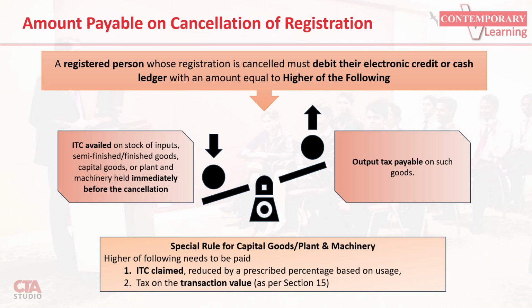The longer you've used them, the less you need to pay back. 2. Tax on the transaction value as per Section 15. This is the current market value approach. This special treatment for capital goods acknowledges their long-term nature and prevents unfair burden on businesses that have legitimately used these assets over time.